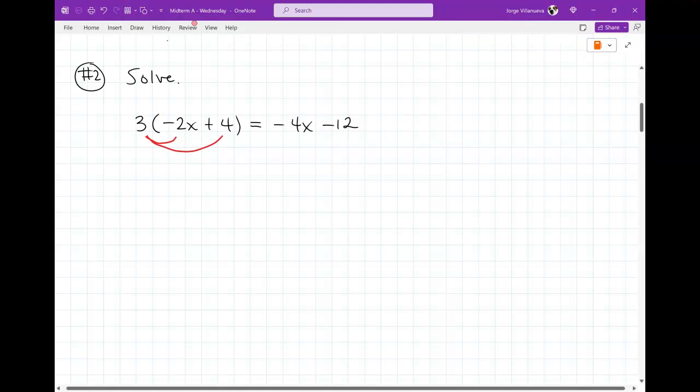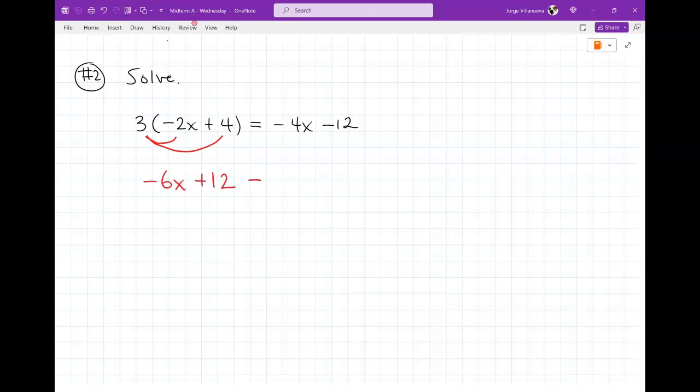So 3 times negative 2x is negative 6x, and 3 times 4 is a positive 12, equal to negative 4x minus 12. Now, the negative 6x and the negative 4x, those are like terms, but they're on opposite sides of the equal sign. So you're going to have to move one to the other side.